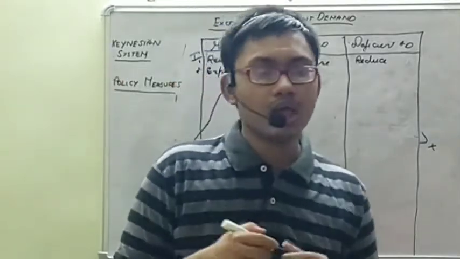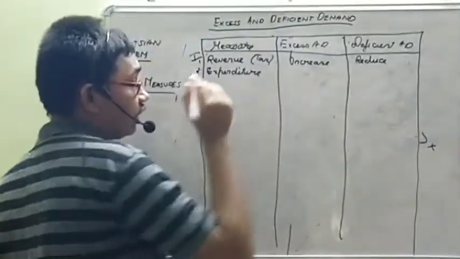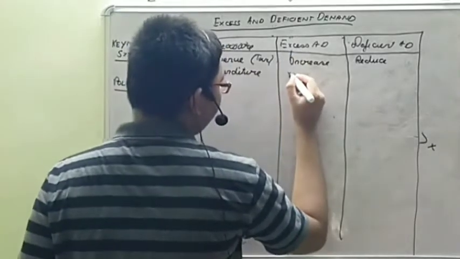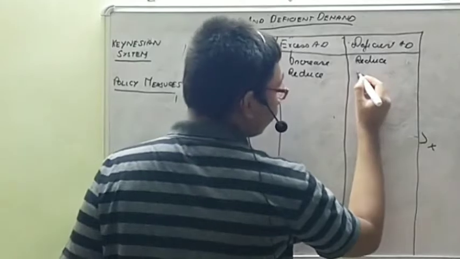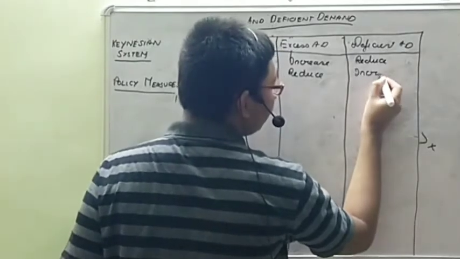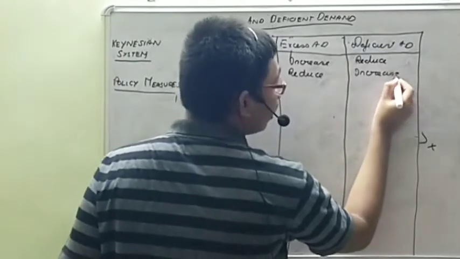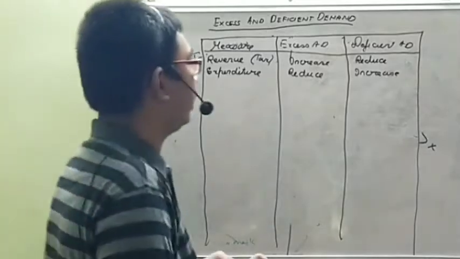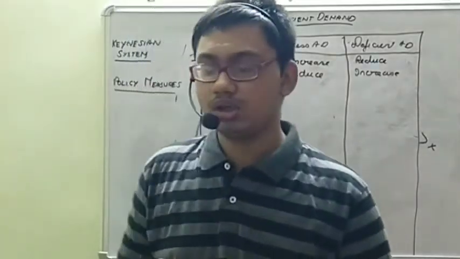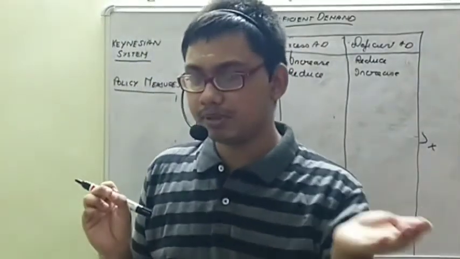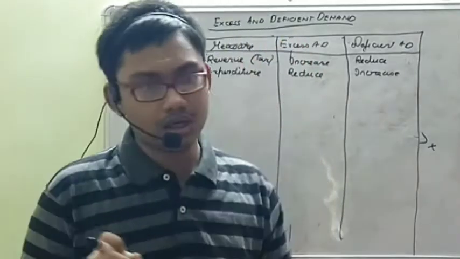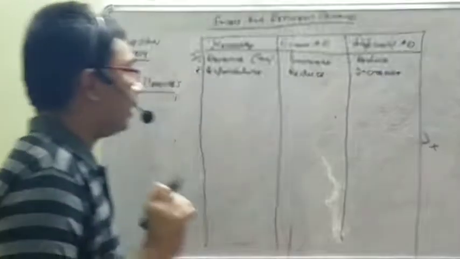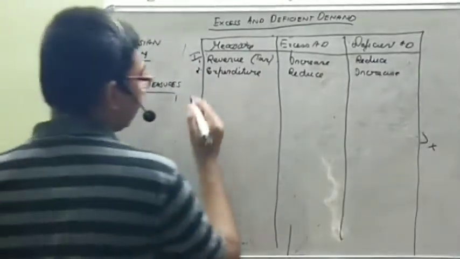To say what, in case of inflation or excess demand, government should reduce public expenditure. However, in case of deflationary gap or deficient demand, government should increase public expenditure. Okay, because only if public expenditure is increased, government can increase the demand and restore full employment equilibrium.